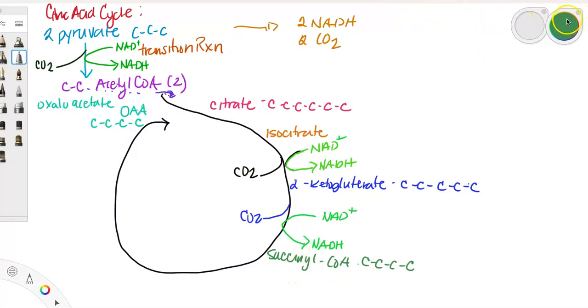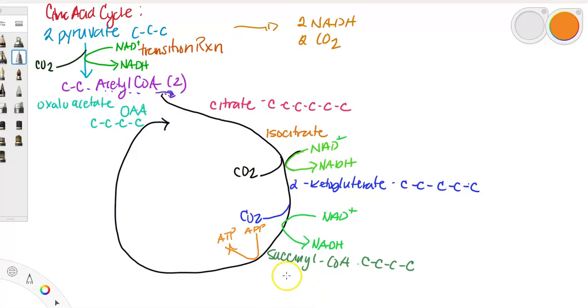So this is the part of the cycle where we actually get an ATP, ADP to ATP.